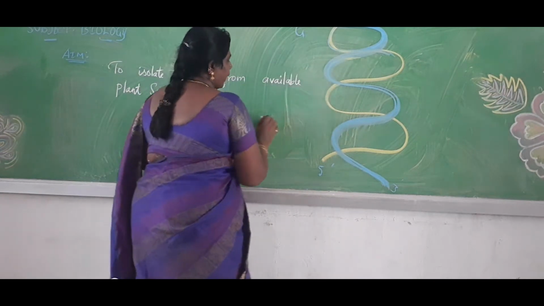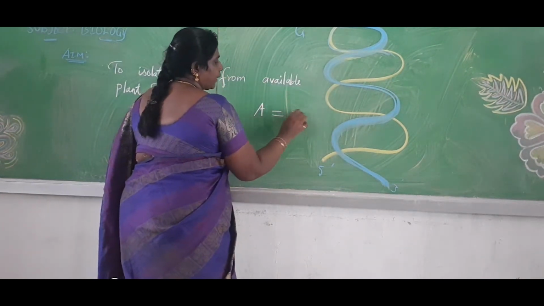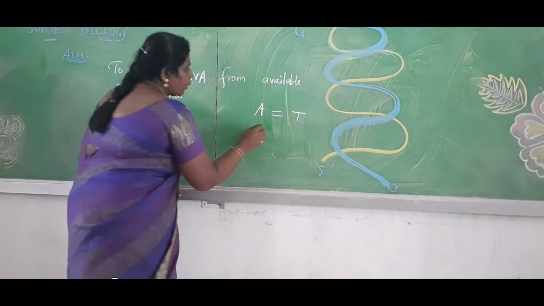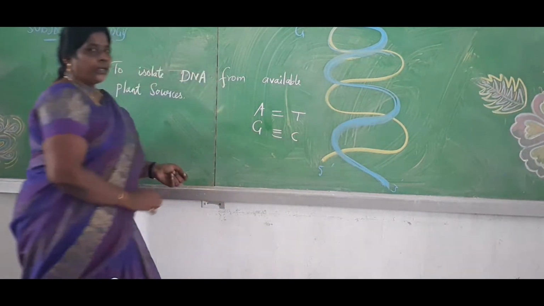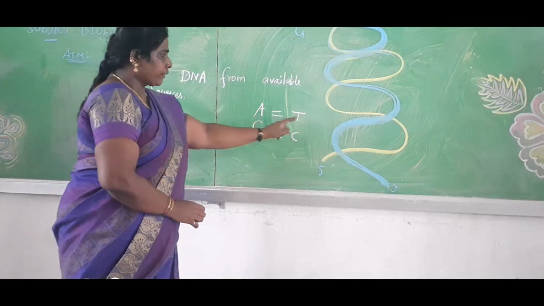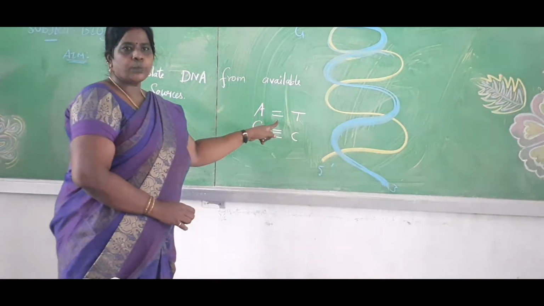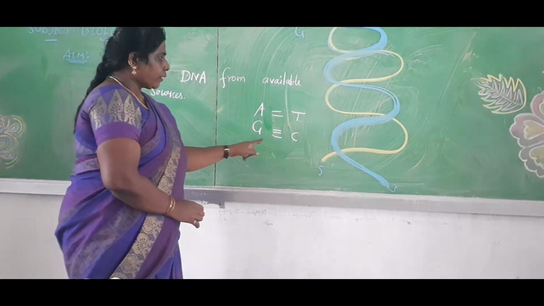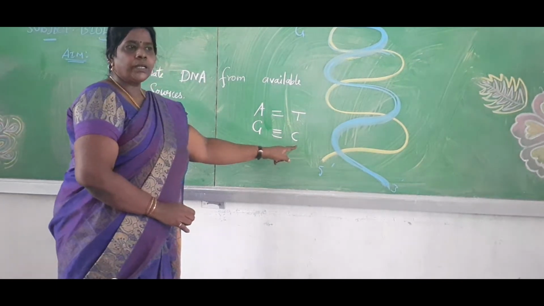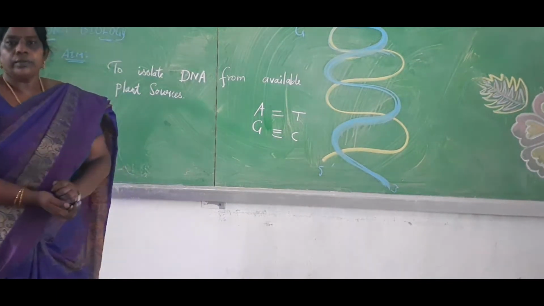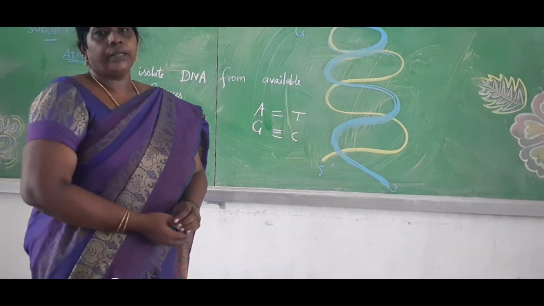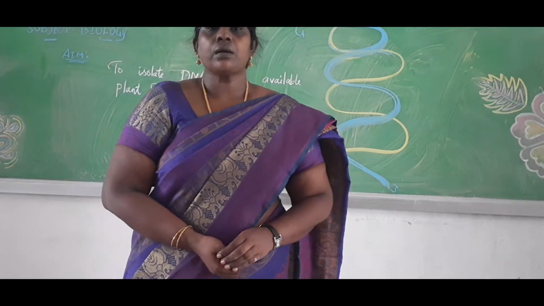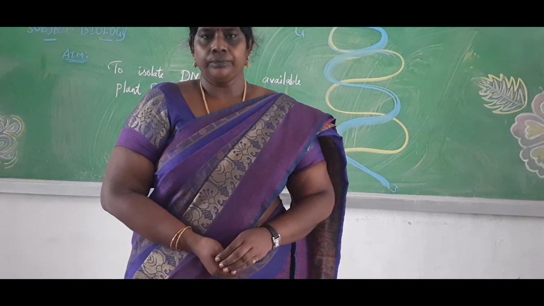Adenine always pairs with thymine with two hydrogen bonds, whereas guanine always pairs with cytosine with three hydrogen bonds. This theory was proposed by Erwin Chargaff, so this rule is called the Chargaff rule.